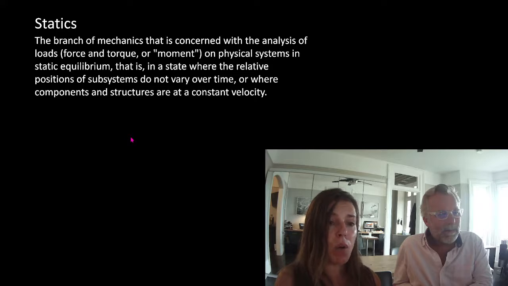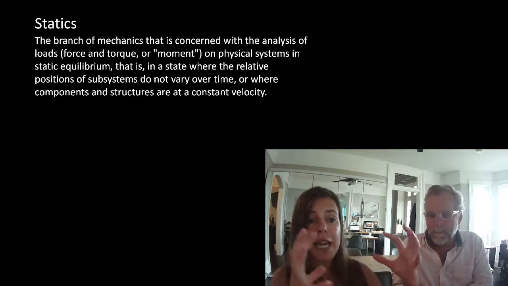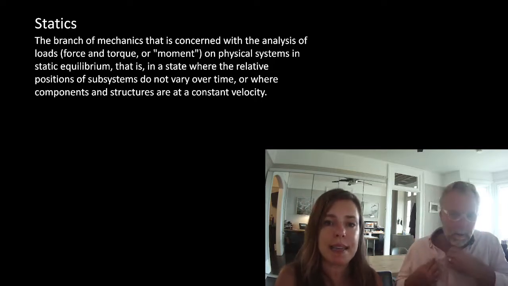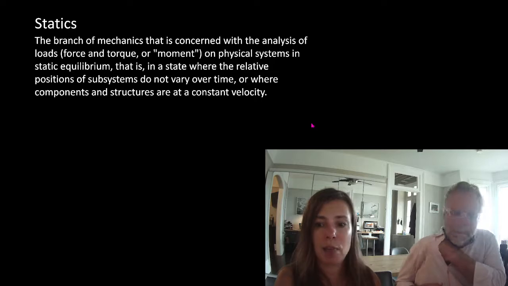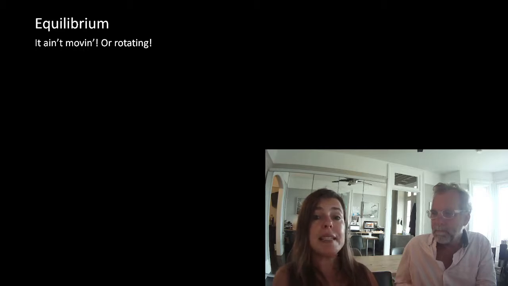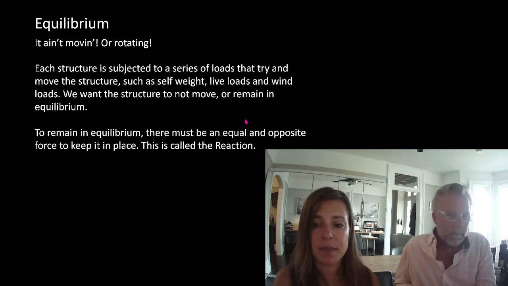So we know that every object has loads acting on it. If there's loads acting on it trying to make it move and we want it to stay still, what must be happening? It must be in equilibrium. So for it to be in equilibrium, we need equal and opposite reactions that make it stay in place.